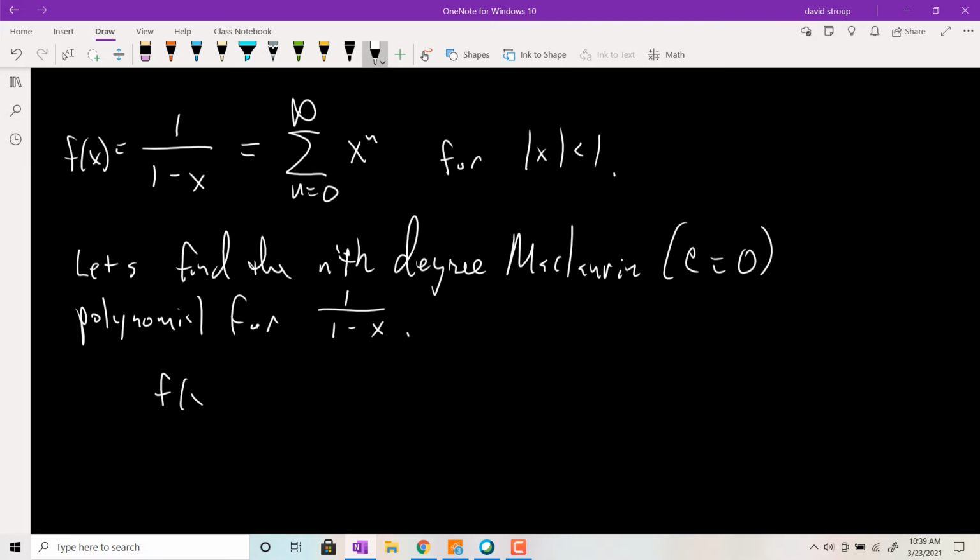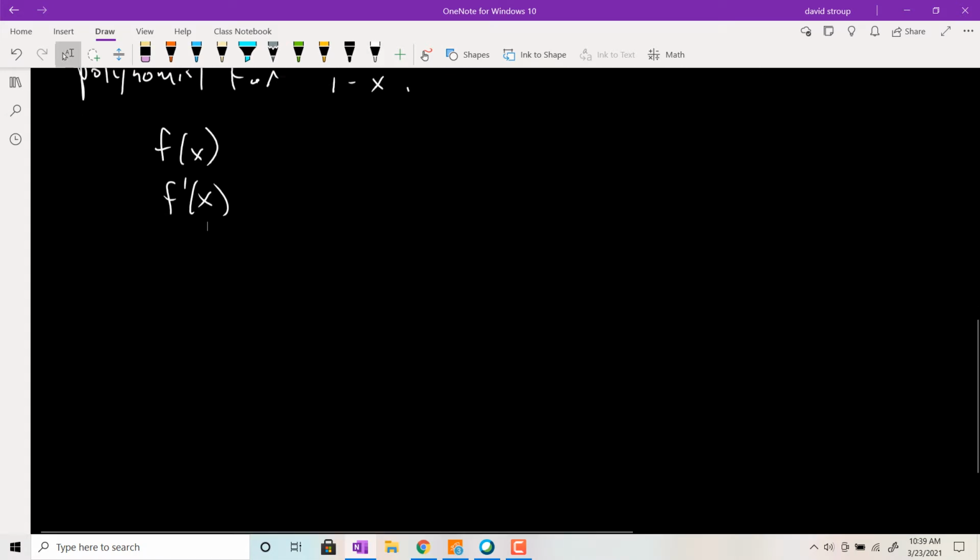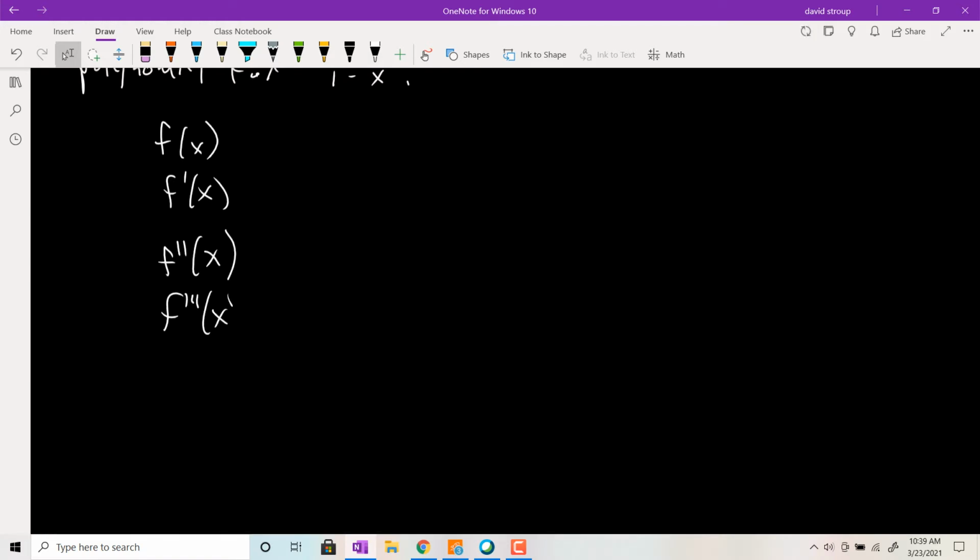We needed to list the function and its derivatives, and then along the other side, evaluate them all at the center. And then along this other side, we're evaluating them all at 0.